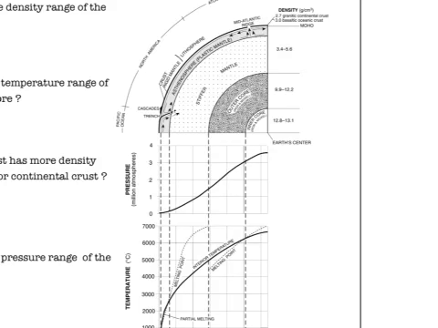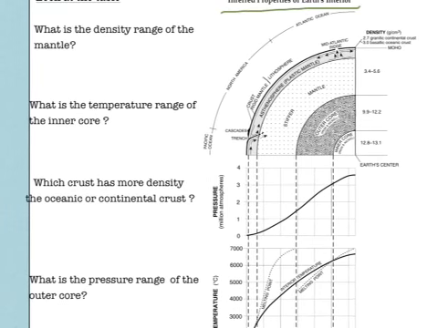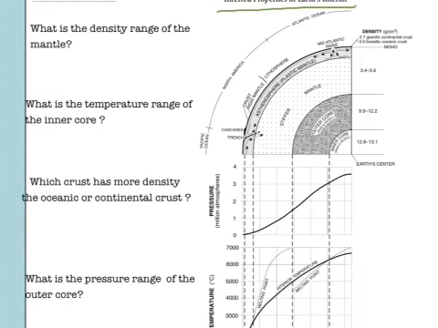The density range for the mantle is between 3.4 grams per centimeter cubed to 5.6 grams per centimeter cubed. I'm going to write it down for you. 3.4 to 5.6 grams per centimeter cubed.